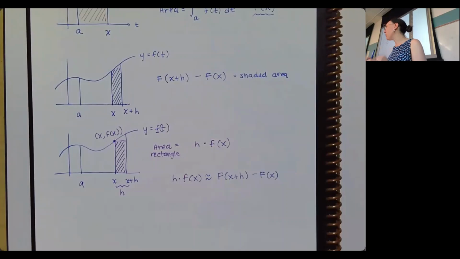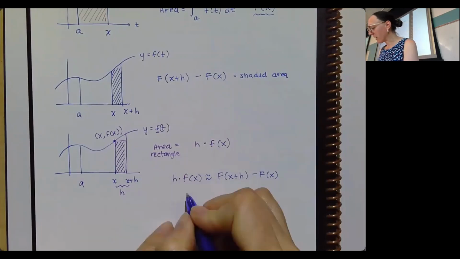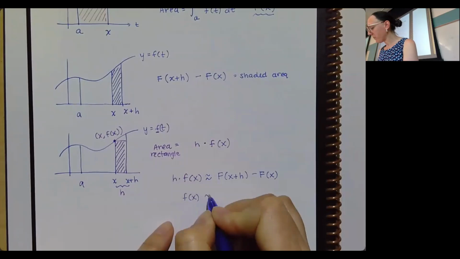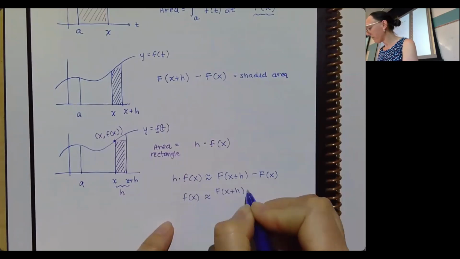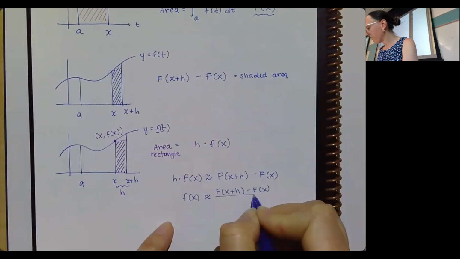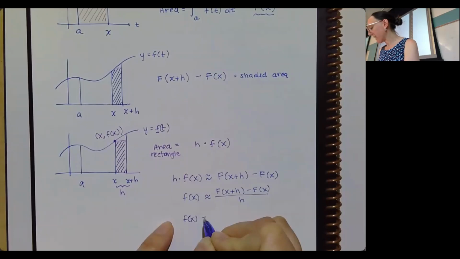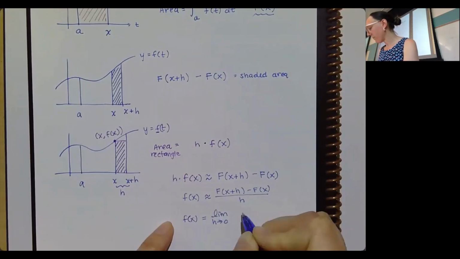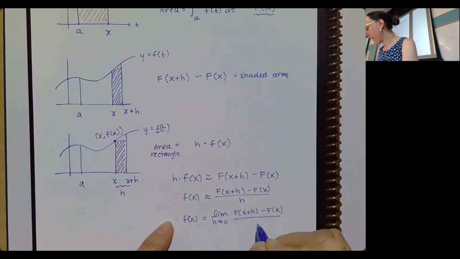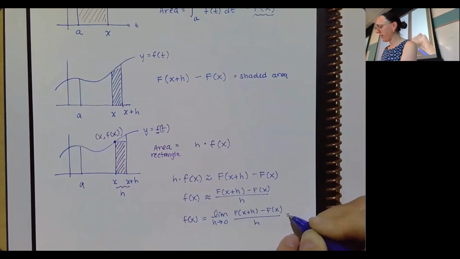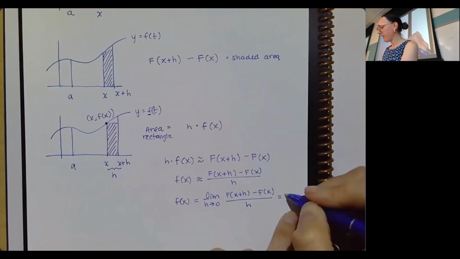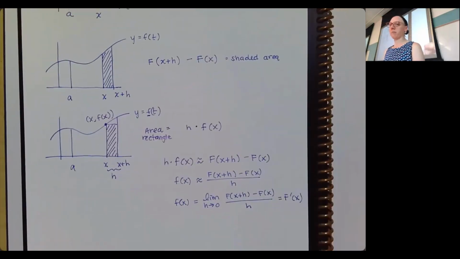And if I wanted it to really, really be equal, I would just take the limit as h approaches 0. Rearranging this, and then taking that limit as h approaches 0 is what brings us back around to saying, oh, well, we know what that is. That is a derivative.